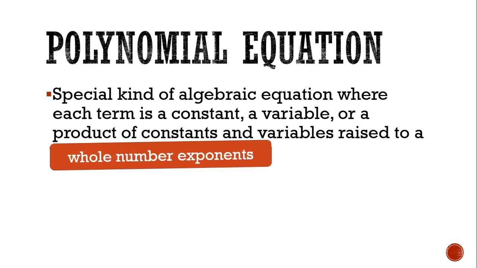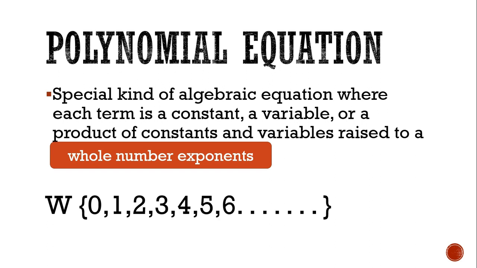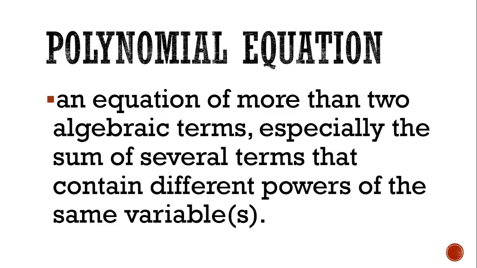That should consist the set 0, 1, 2, 3, 4, 5, 6, and so on. Secondly, it is defined as an equation of more than two algebraic terms, especially the sum of several terms that contain different powers of the same variables.